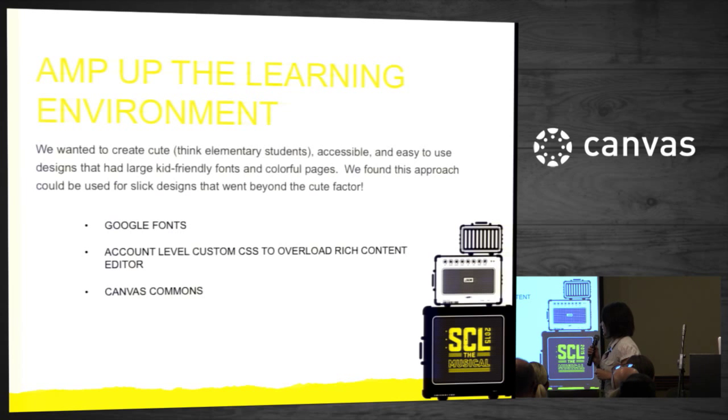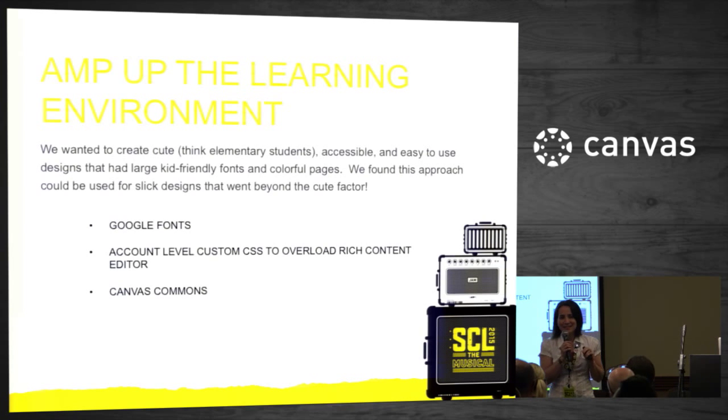We used the account level CSS, and what we did specifically with the account level CSS is instead of doing specialized IDs in the CSS or specialized styles, we just took the things that were already in the rich content editor, like H2, H3, H4, and we are applying styles to those so that the teachers don't have to go in and apply styles to it themselves.